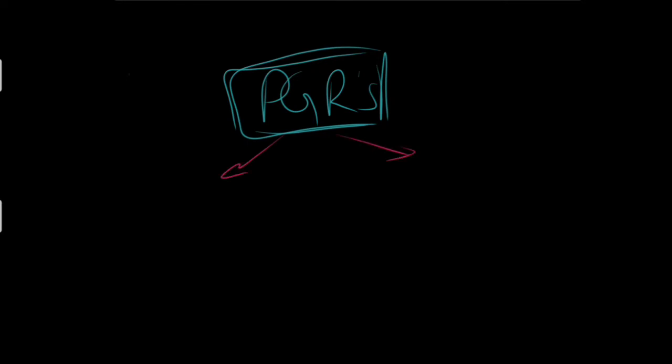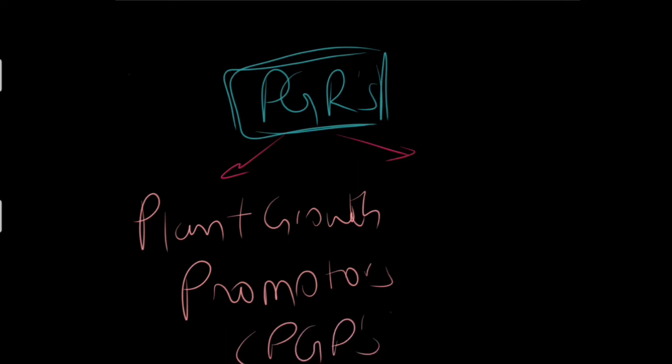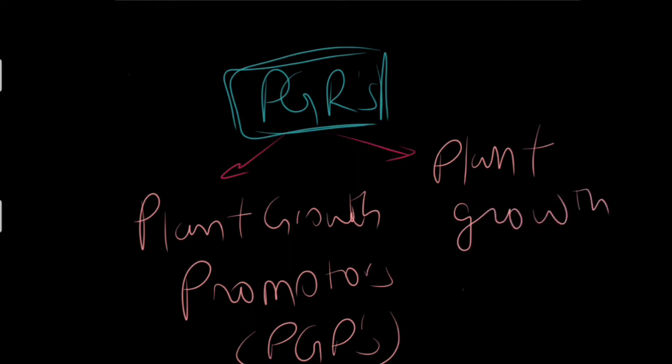The first type is called plant growth promoters, PGPs, and the second one is called plant growth inhibitors.